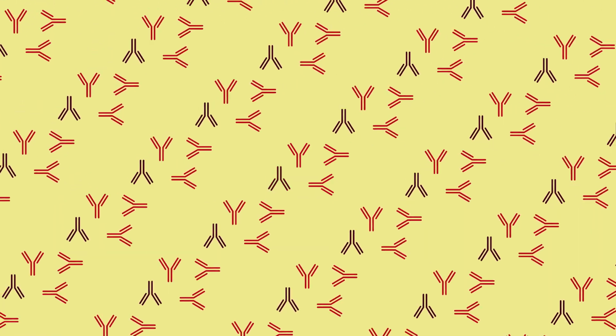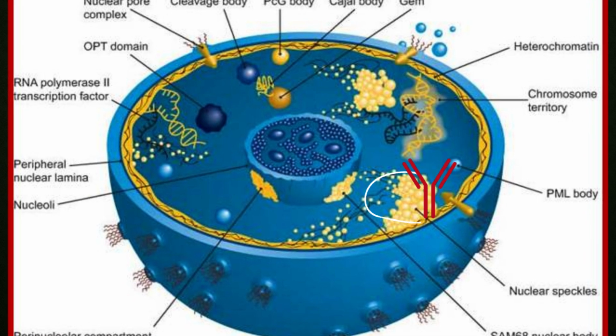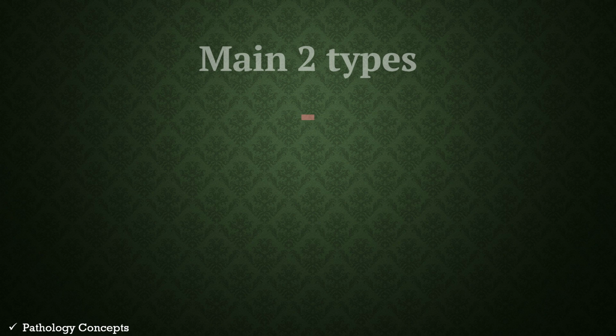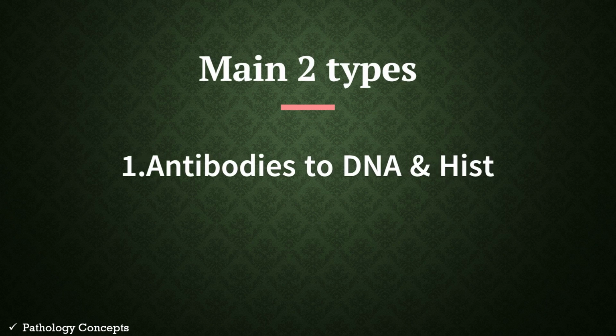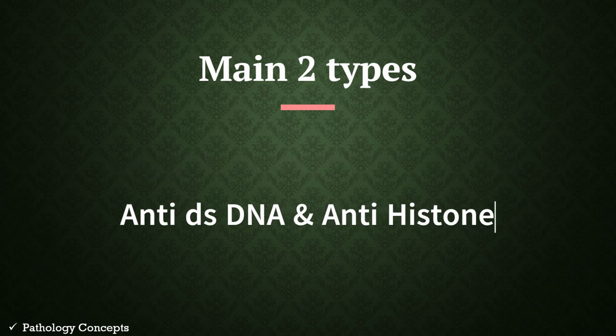ANAs are a class of antibodies that bind to cellular components in the nucleus, including protein, DNA, RNA, and nucleic acid protein complexes. Two types of antinuclear antibodies are there. First is antibodies to DNA and histones. They include anti-dsDNA antibody and anti-histone antibody.